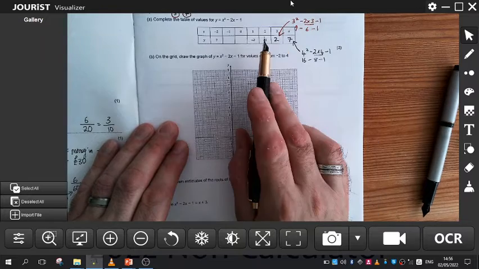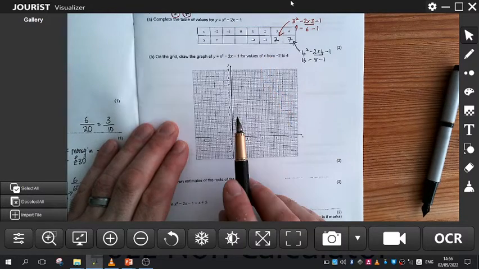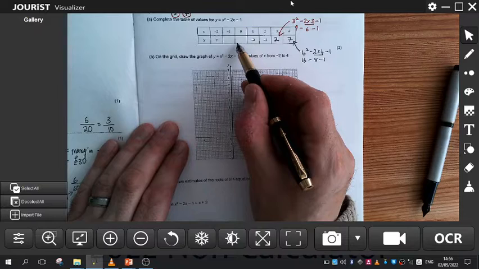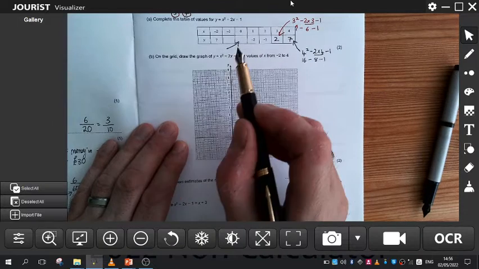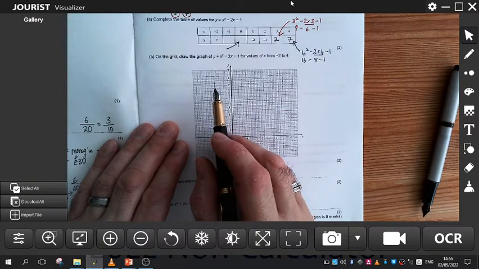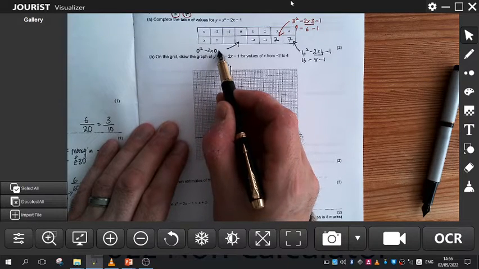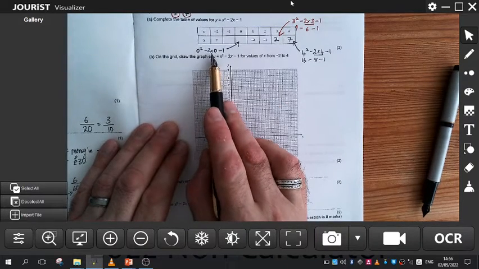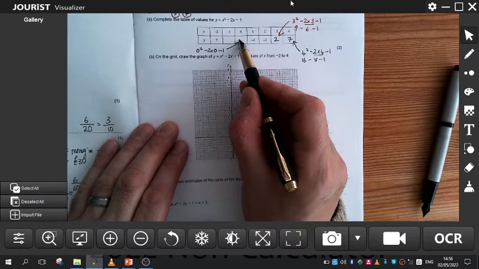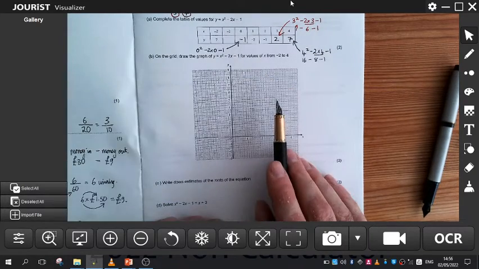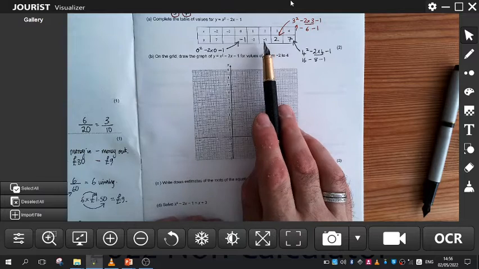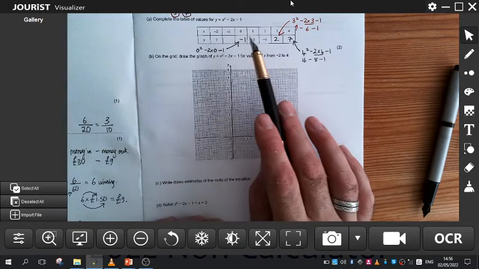Could check the 2 and the 1, but normally they would get those right, so I would be tempted to do 0 next, which actually is very easy. Nothing squared minus 2 times nothing minus 1. Nothing minus nothing minus 1 is minus 1. And quite often with quadratics we see some kind of palindromic nature to the answers.